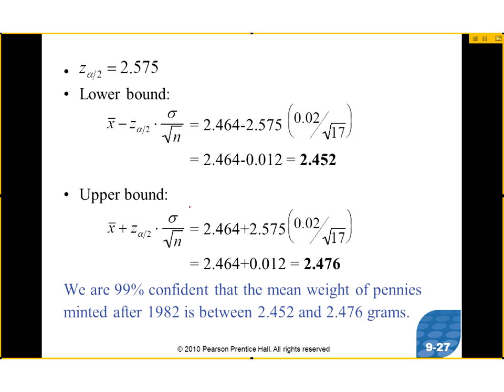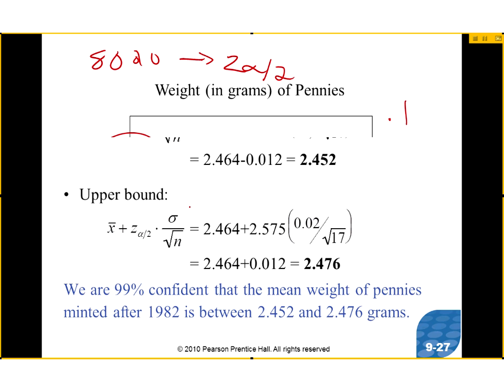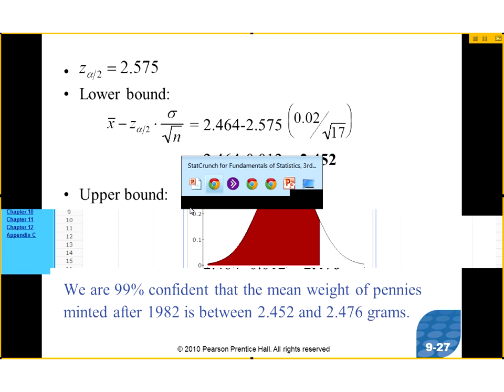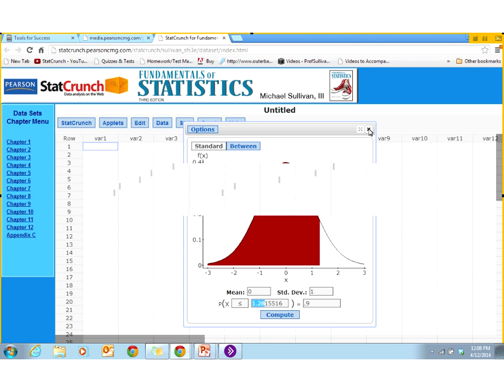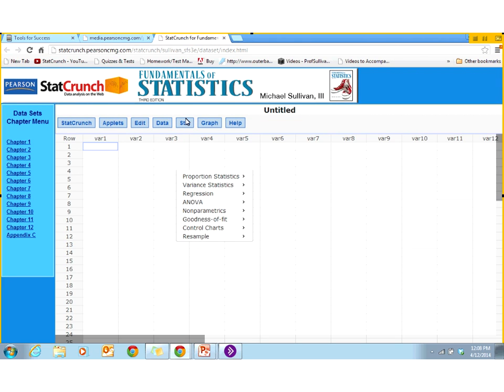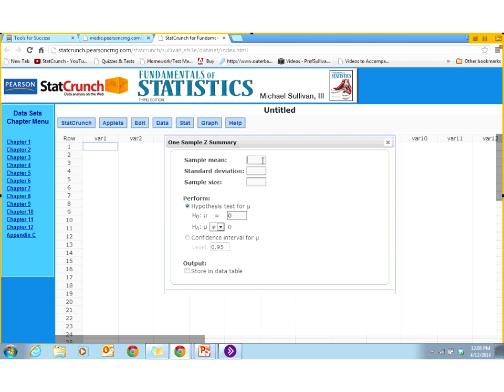But wait, there's even an easier way. Again, they're doing the 99% confidence interval, so let's go back to StatCrunch. Close the calculators. Go to Stat, Z statistics, so we're working with the Z, one sample with summary. The sample mean was 2.464, the standard deviation was 0.02, and the sample size is 17.